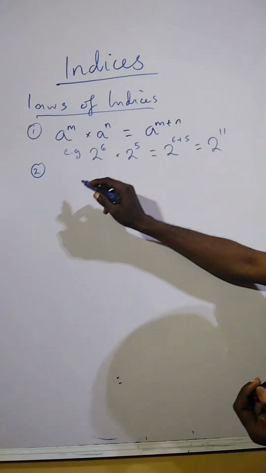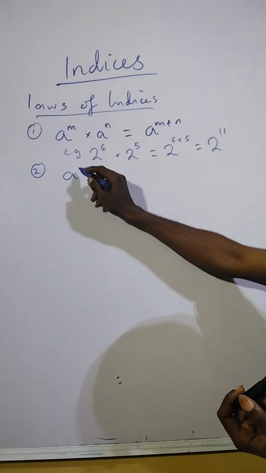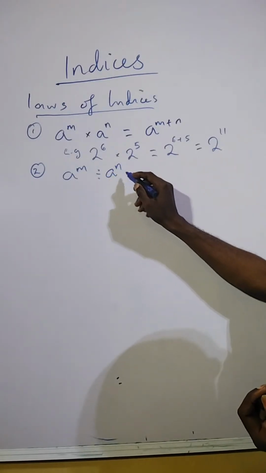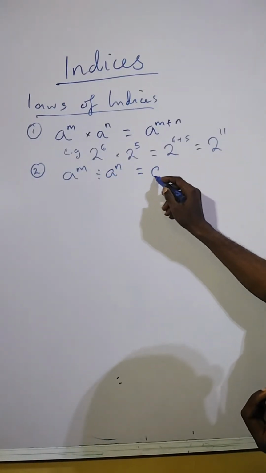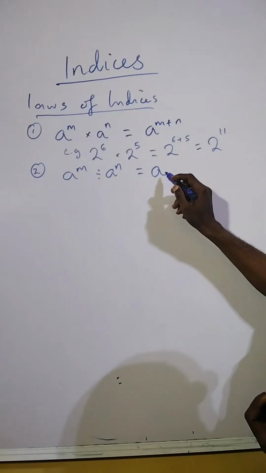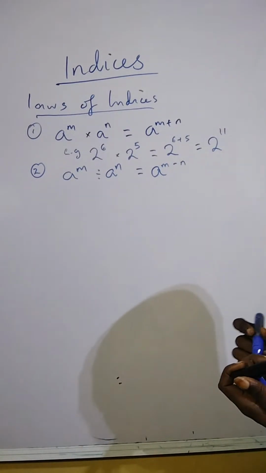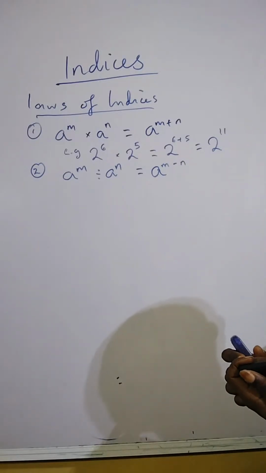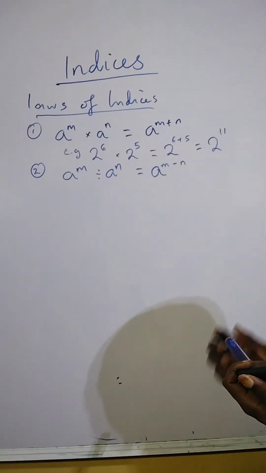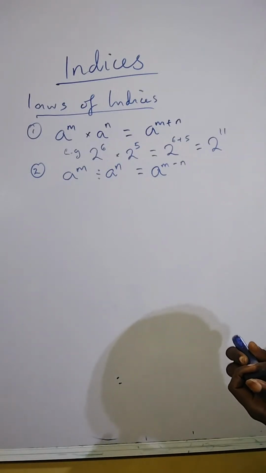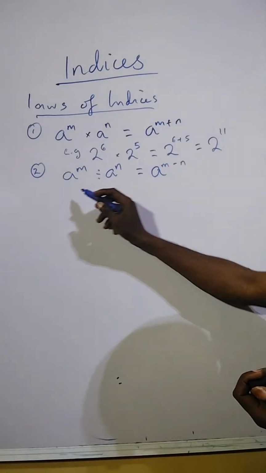And similarly, we have another one: a raised to power m divided by a raised to power n. This becomes a raised to power m minus n. So for division of numbers which are of the same base, it's going to be the subtraction. We subtract the index.